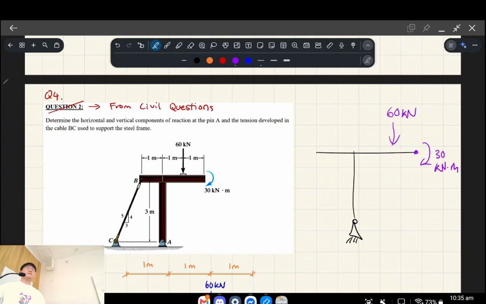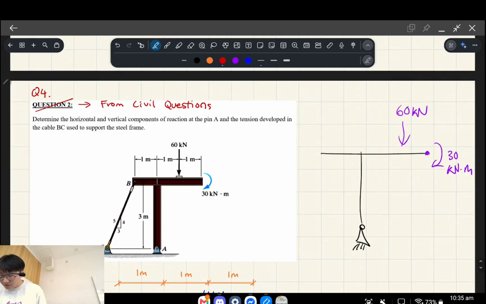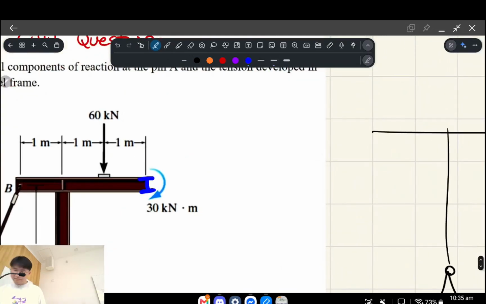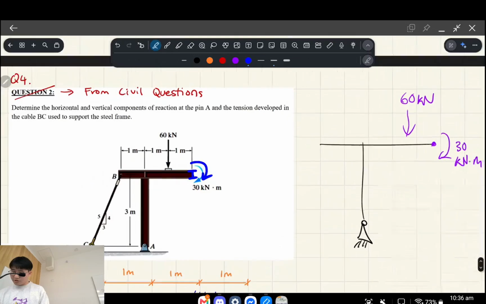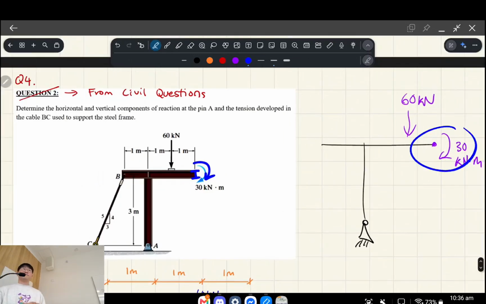Okay, so it's just a moment applied at a point. You can use your imagination in terms of what this physically looks like, but let's just say, for example, that this steel structure is actually connected to another steel member that's running in and out of the page, and let's just pretend that steel member is in torsion. Okay, so it's twisting. So let's say that the steel member is twisting counterclockwise. This will induce a point moment over here.